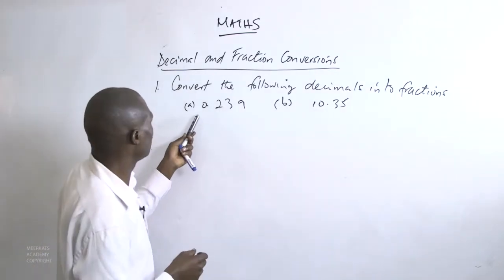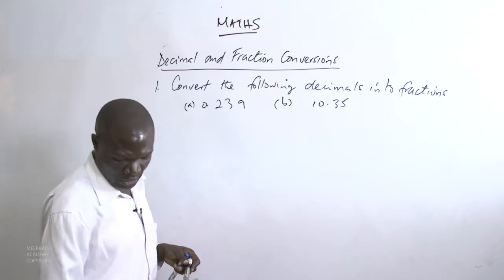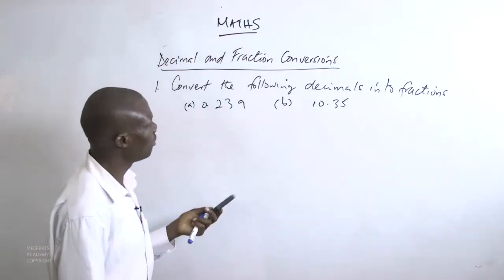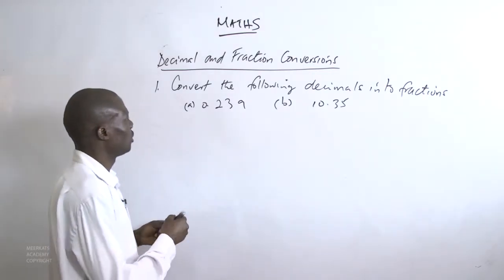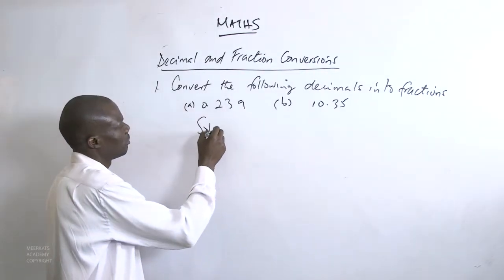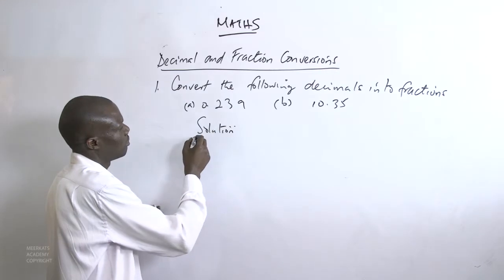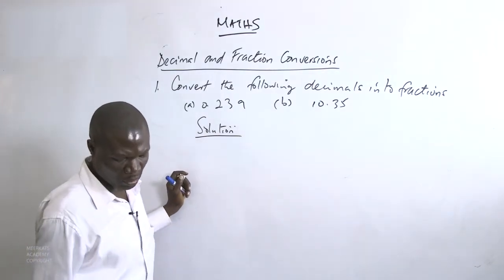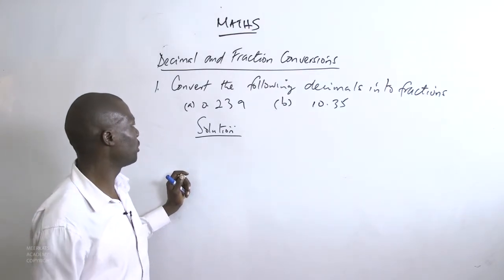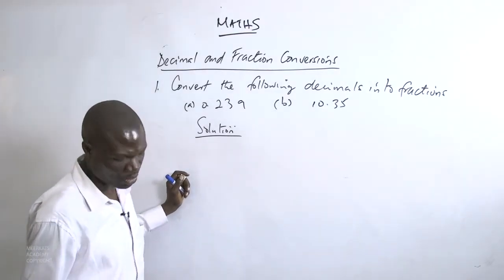So we have the first one, 0.239, and the other one, 10.35. So in our solution, as we saw earlier on, we are going to use the place values and identify where we are going to arrive at and the furthest we can go.